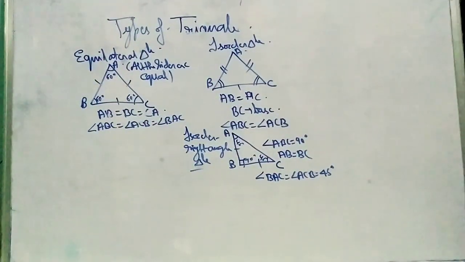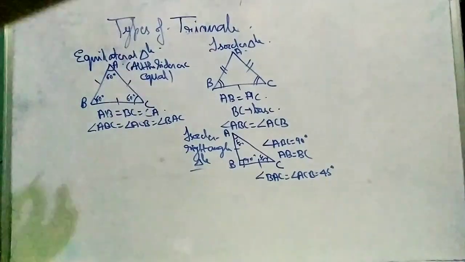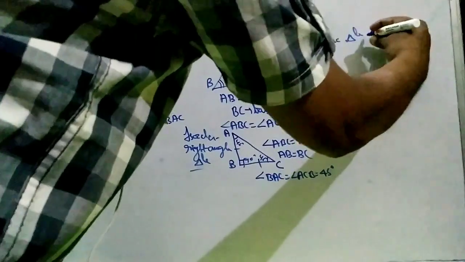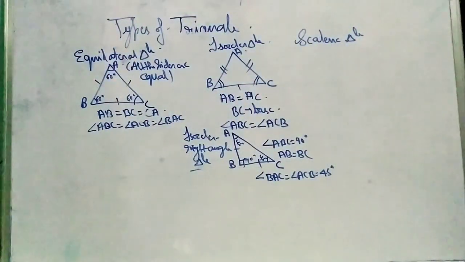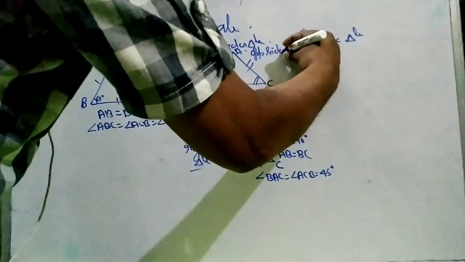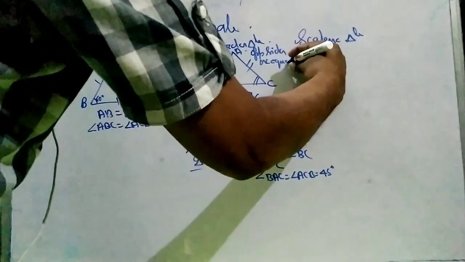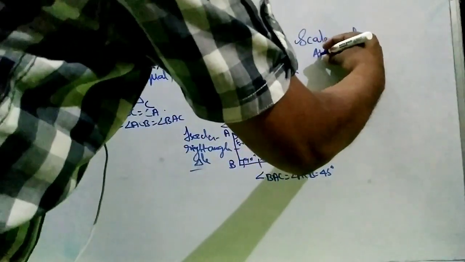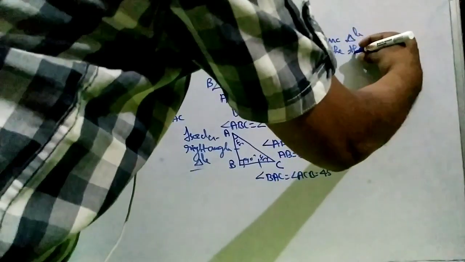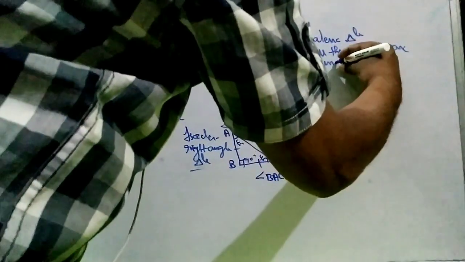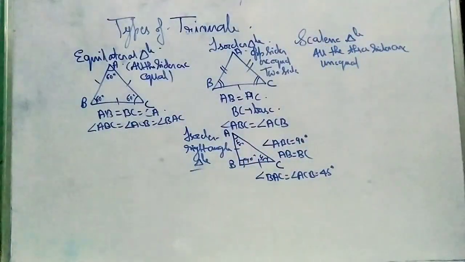Is this clear? Next one is a scalene triangle. Scalene triangle means in isosceles, two sides are equal. In scalene, all the three sides are unequal.